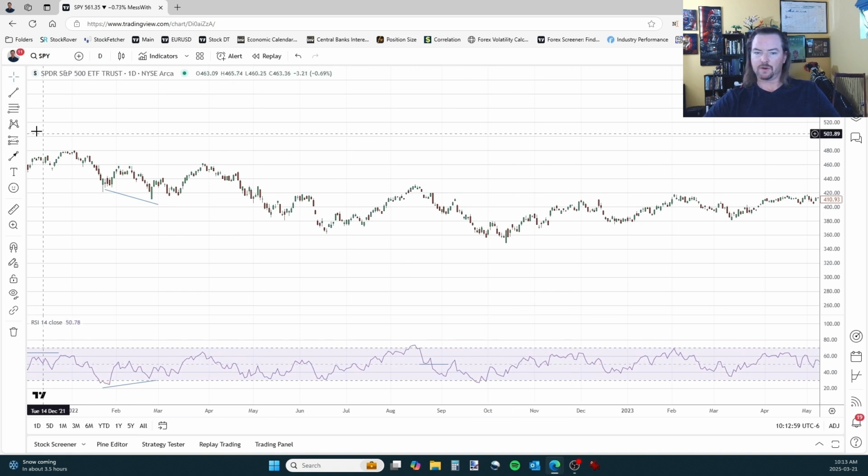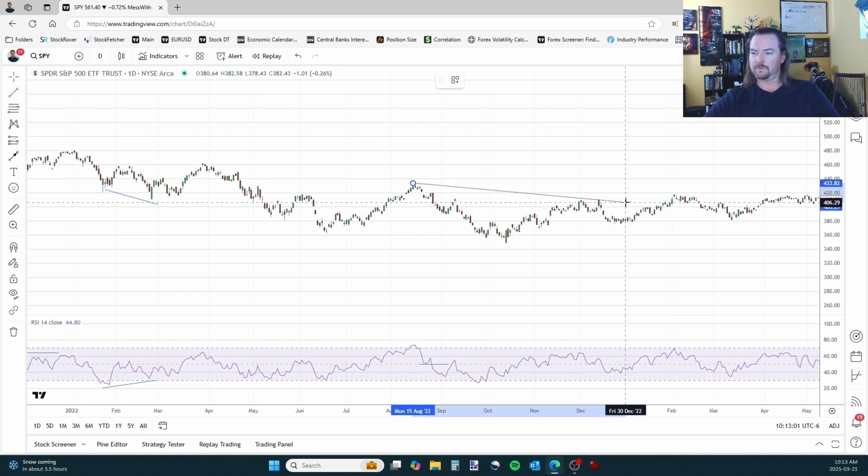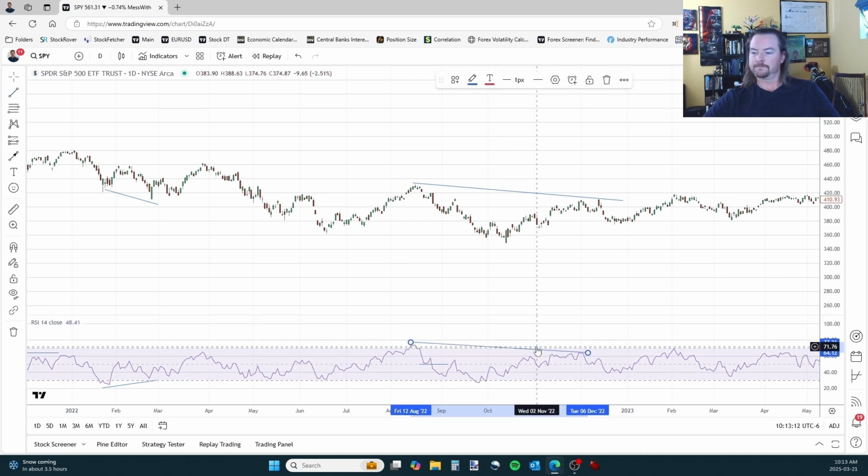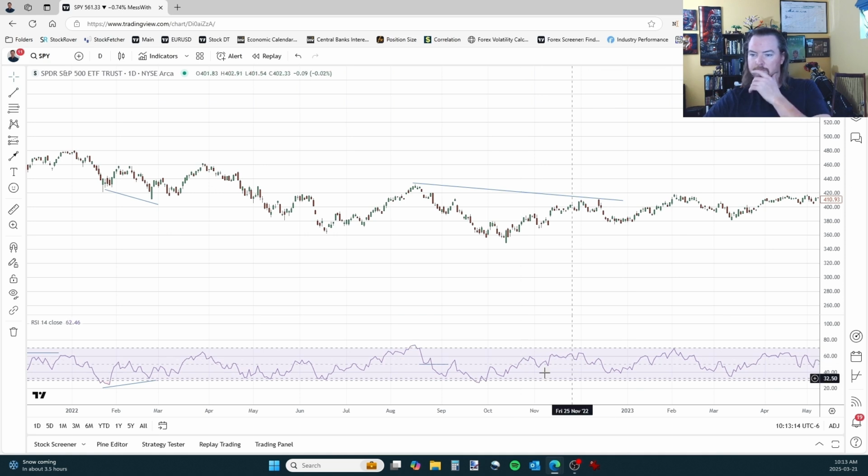This would not be a divergence where you have a high here and a lower high here, and you have a high here and a lower high here. In that case, they're just confirming. So you want to see the opposite. In this case, you have a low here and a low here, slightly lower low there, so no divergence.